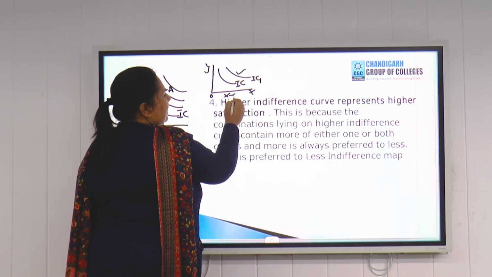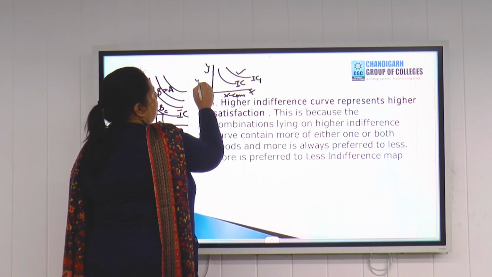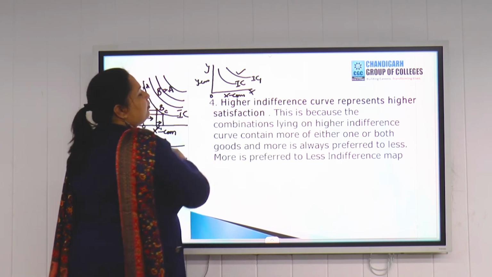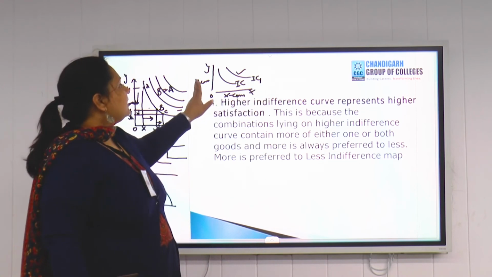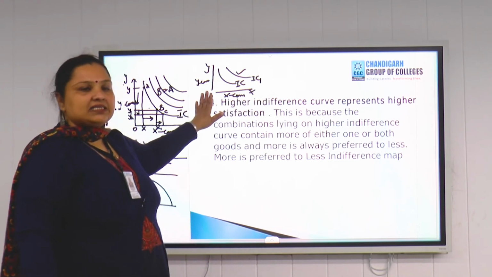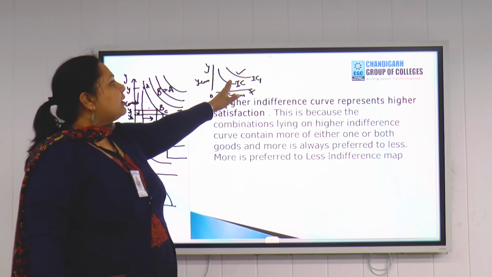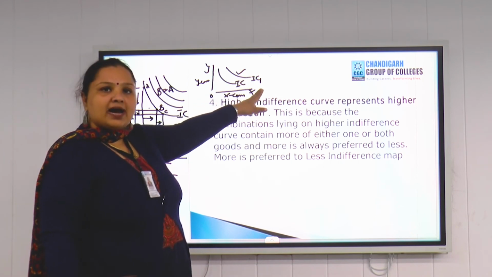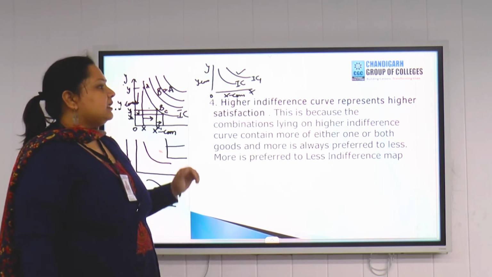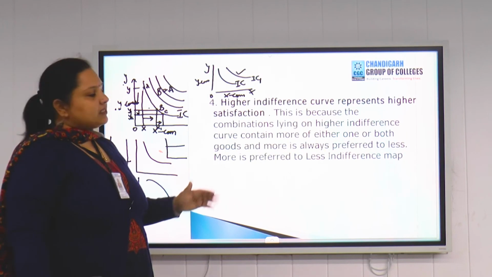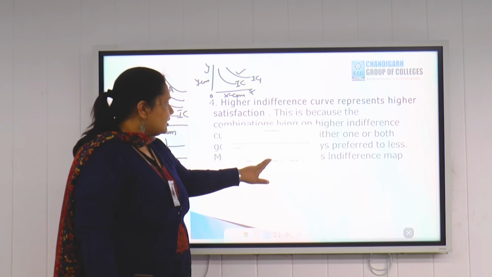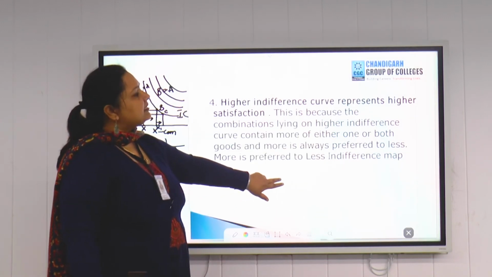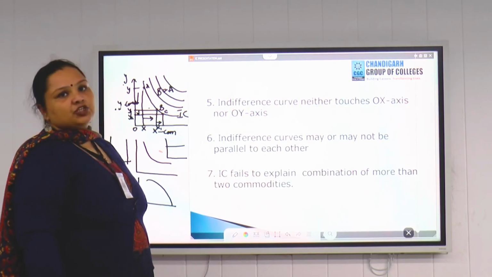Here I am having X commodity and here I am having Y commodity. Satisfaction from IC1 will be greater and from IC will be less because the number of commodities will be more on IC1 than IC. The more commodities, the more satisfaction. So a higher indifference curve represents a higher level of satisfaction.